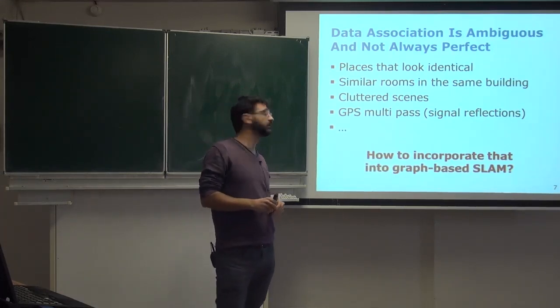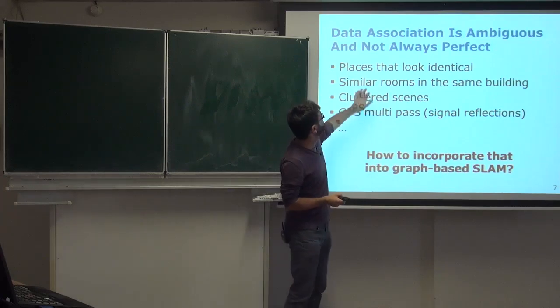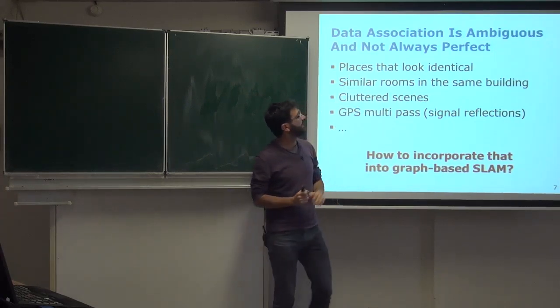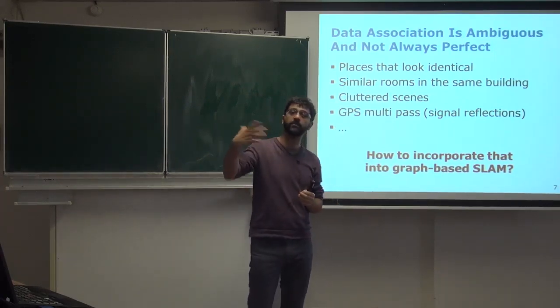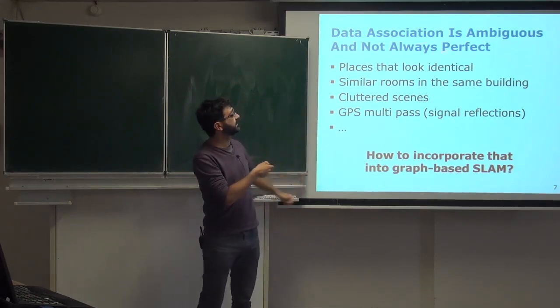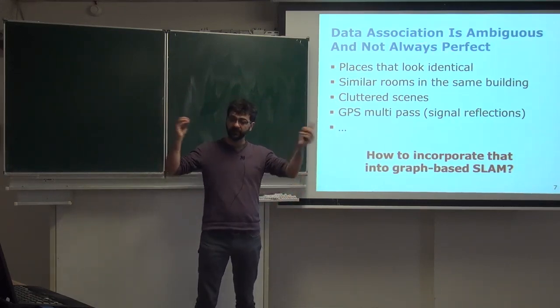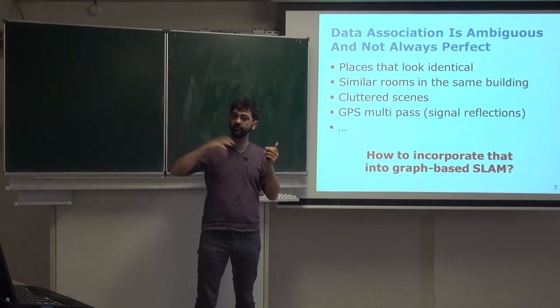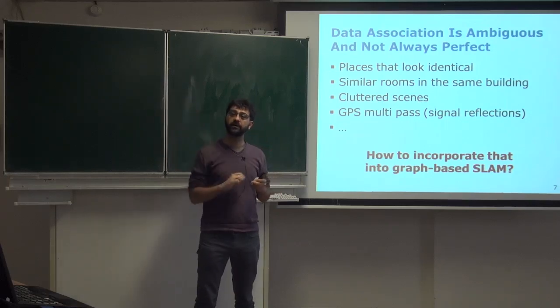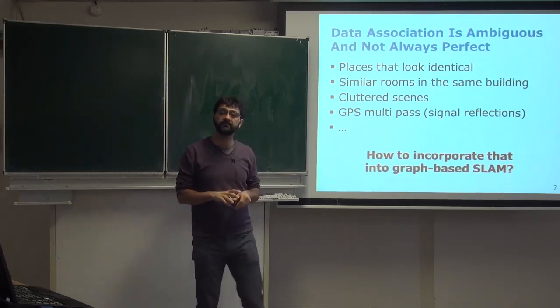So any idea? So we know that all of this can basically ends up in multiple hypotheses. No, like places that look identical, you can have that two places might be the same, so you can have multiple hypotheses. How do you think we can model them? Any idea?